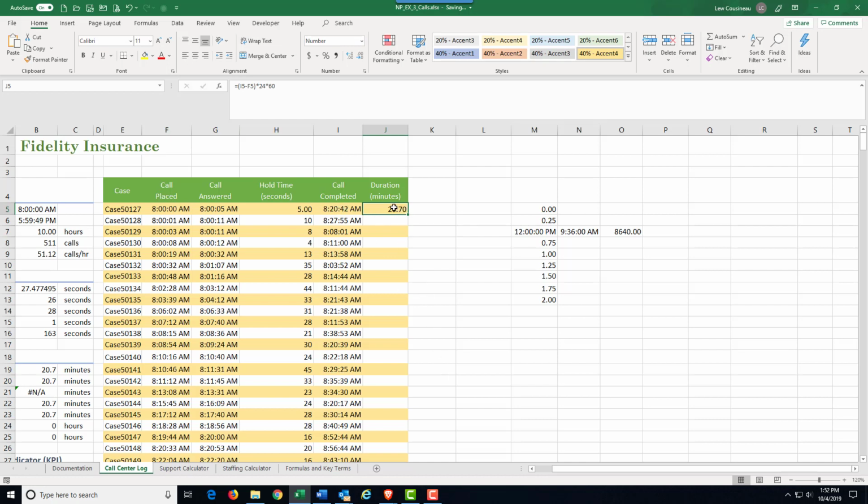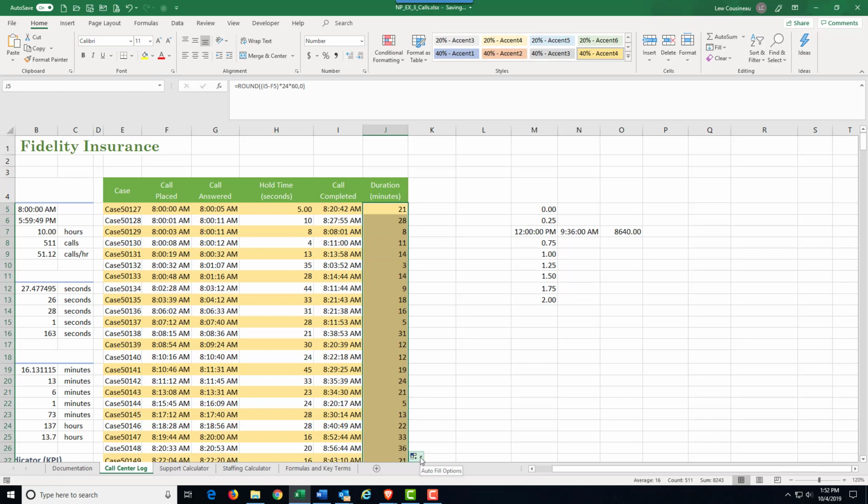I think in this exercise they actually round this particular function, and the fact that I want it to be 0 decimal places, I'll just go comma 0 with the round function. And that rounds this to 0 digits. So there's 21. So now there's no point in displaying the decimals. And again, I can double click and find the option button and say, yeah, fill without formatting, so I can keep my banded rows. So that's how to deal with time inside of Excel.